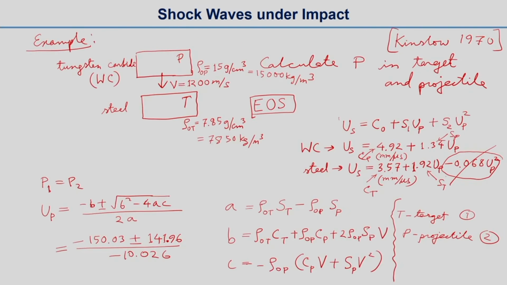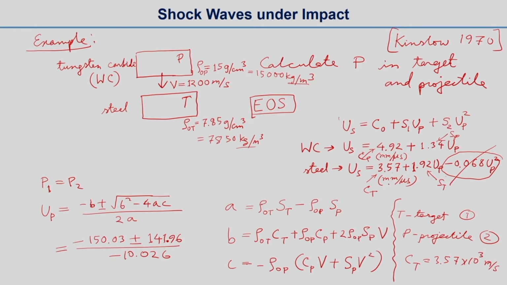In these calculations you need to be careful. Because we have these densities in kg per meter cube, we can have these C naught values, let us say CT will have 3.57 into 10 to the power 3 meter per second.